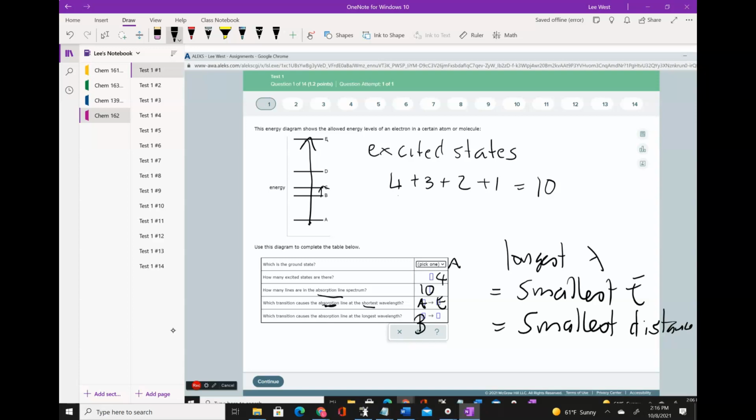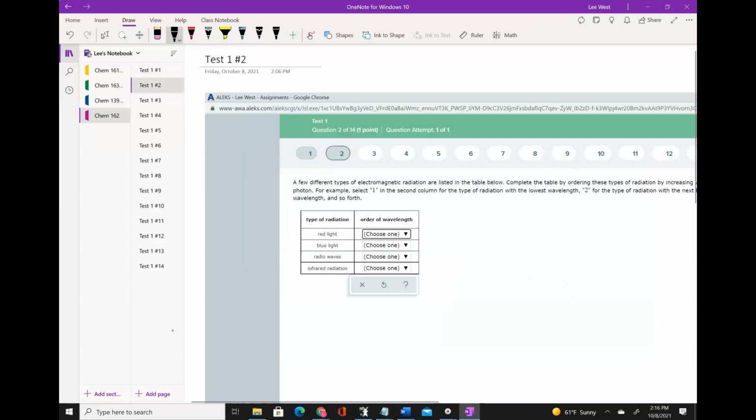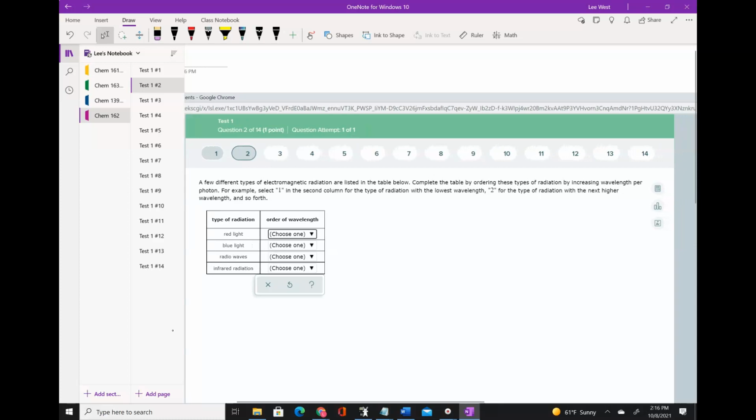So, B to C. So keep an eye on this keyword in the middle here. If it was an emission, we've got to be going down. If it's an absorption, we are going up. So be careful of that. Sometimes people get those letters around the wrong way, and Alex would like you to use the uppercase letters, just like it is labeling them with the uppercase letters.